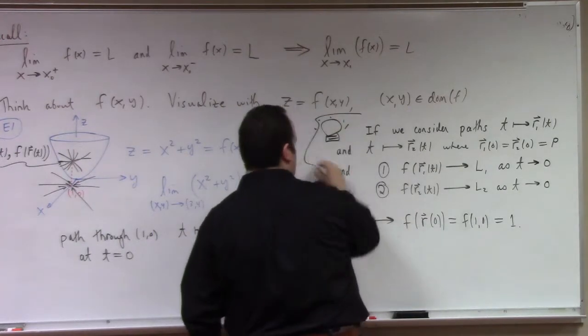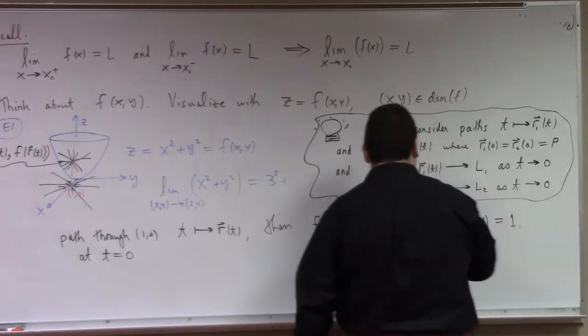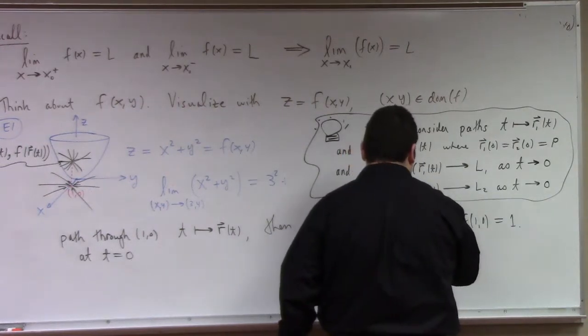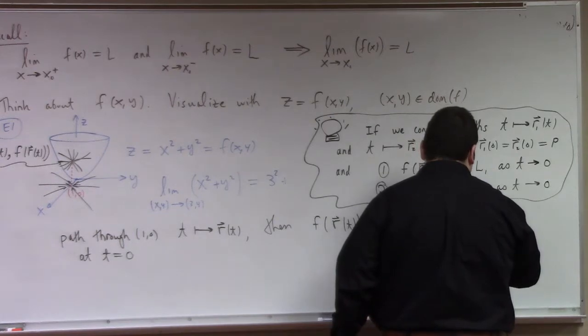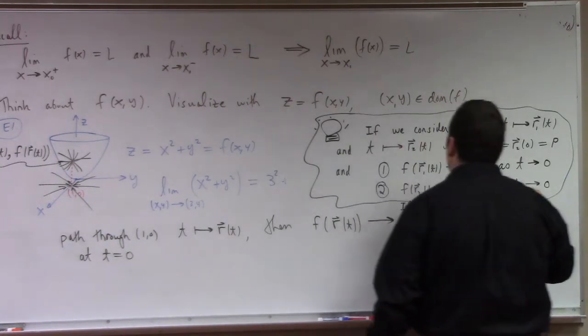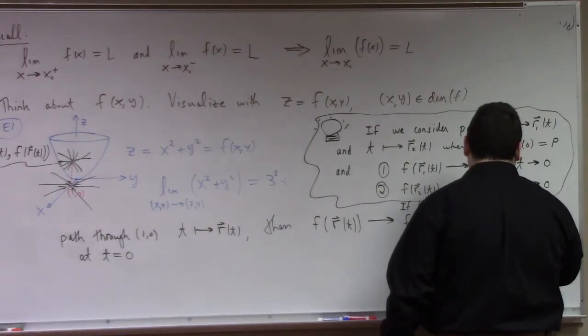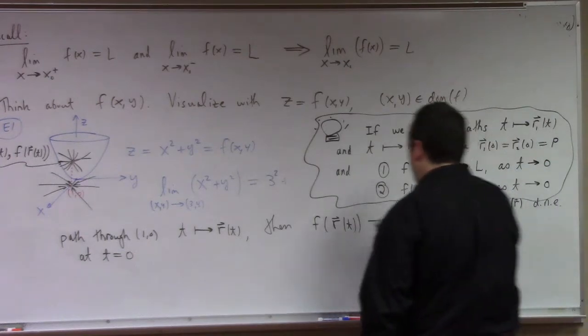Anyway, so punchline: if L1 is not equal to L2, then the limit as r goes to p of f of r does not exist. All right?